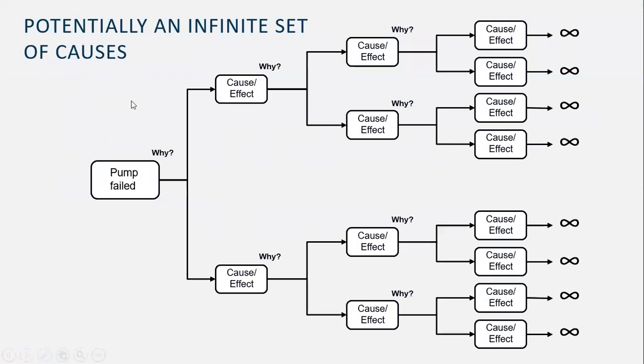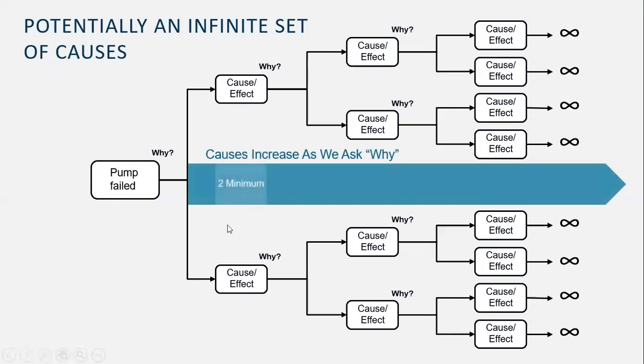So potentially, since we're starting with the incident and going backwards in time, there could be an infinite set of causes. So if we take the pump failure, we'd have an action, condition, and so on and so forth. So you can see we could go exponential. 2 causes, 4 causes, 8 causes, 16, 32, and so on. But the reality of it is we do have what we call filters of this infinite set that prevent us from going back.